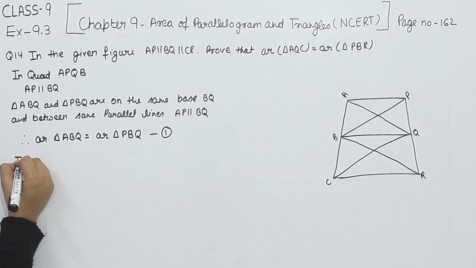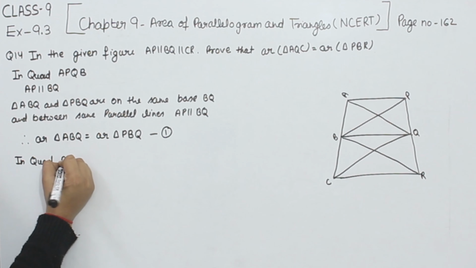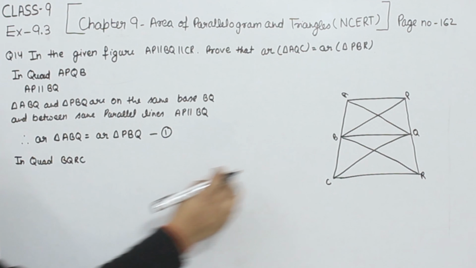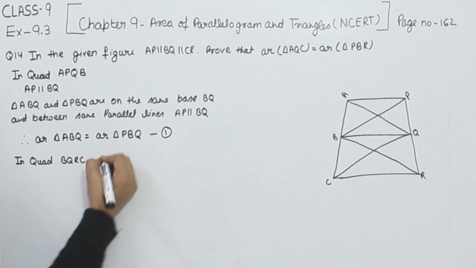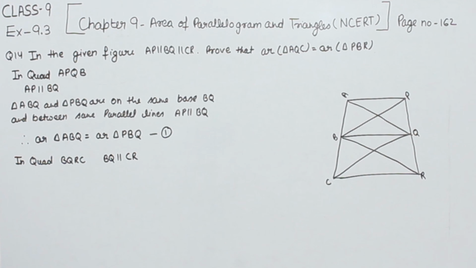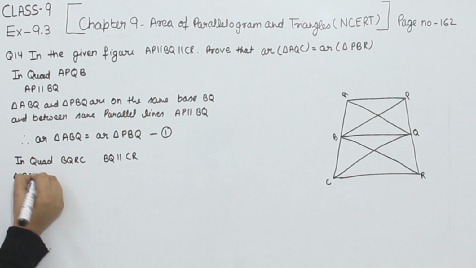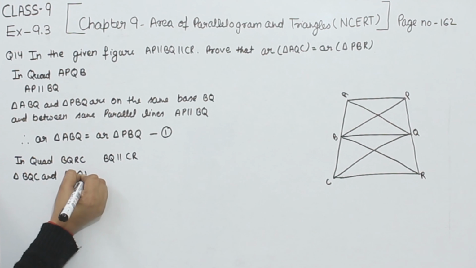Now we are going to take another quadrilateral, this time the quadrilateral BQRC. In this quadrilateral BQ is parallel to CR, this is given. Now we are going to take the triangle BQC and the triangle BQR.